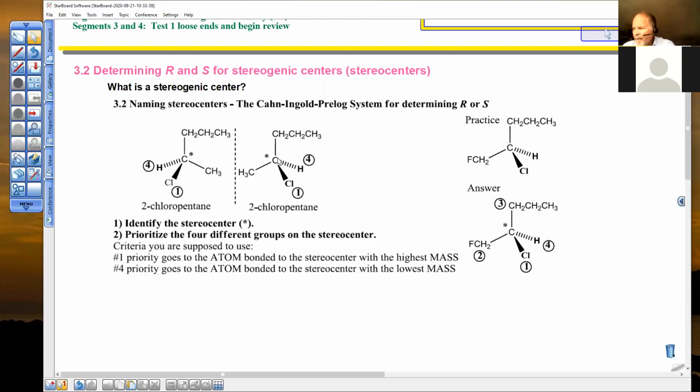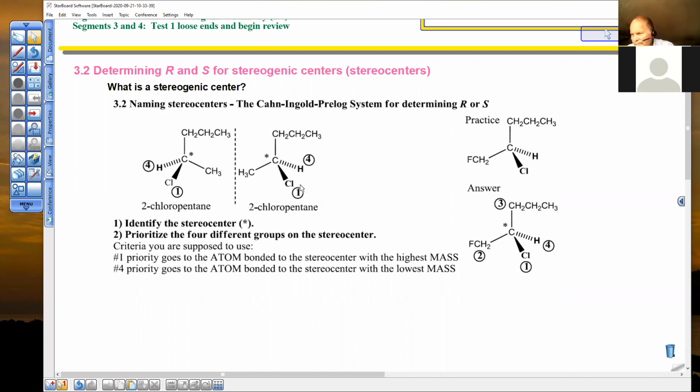Okay, same for this carbon here. Same 4 groups. So these are mirror images of each other. In fact, I drew an imaginary mirror here, and sticking close to the mirror is the methyl, and straight up is the propyl, and going away from the mirror and to the left and down is the H, and away from the mirror to the right and down is the H, and away from the mirror with a wedge is a chlorine.